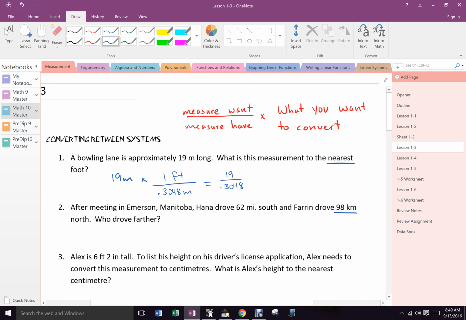And you're going to do that on your calculator. Okay? Everybody with me? It's no different, right? It's just uglier numbers because imperial doesn't work pretty. And then you're going to do that with your calculator. And of course, that is 19 divided by 0.3048. And what do you get for an answer?